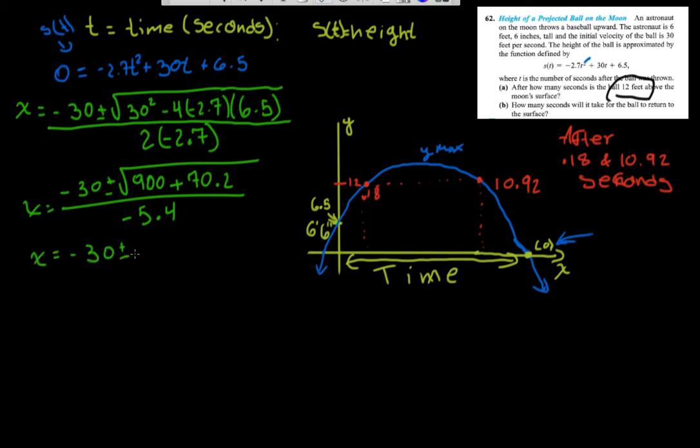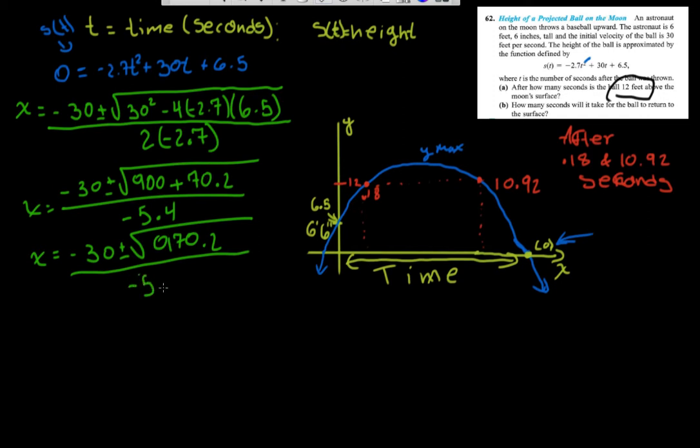Now we're going to add the inside: 900 plus 70.2 equals 970.2, and the square root of that is approximately 31.15.